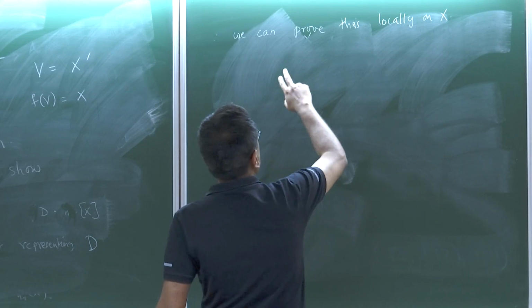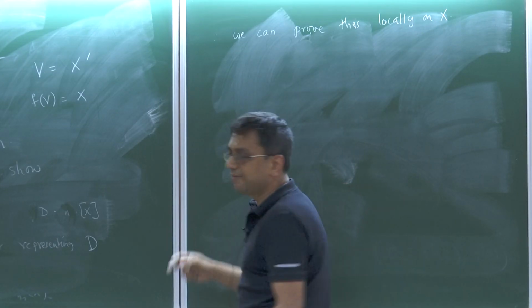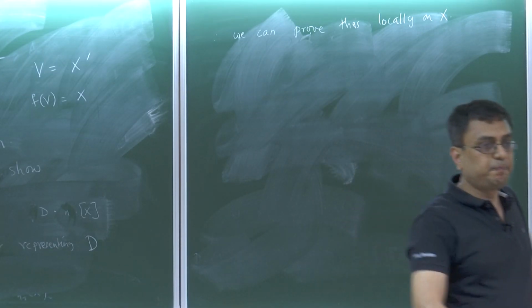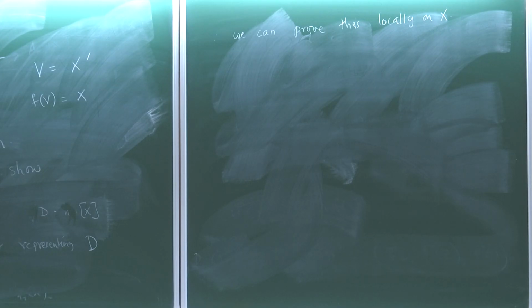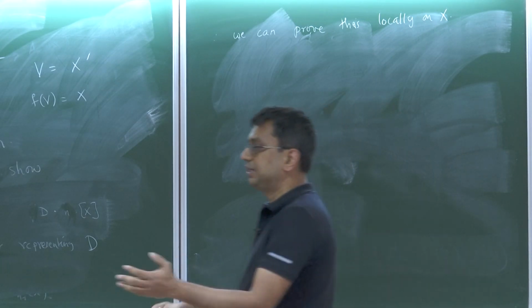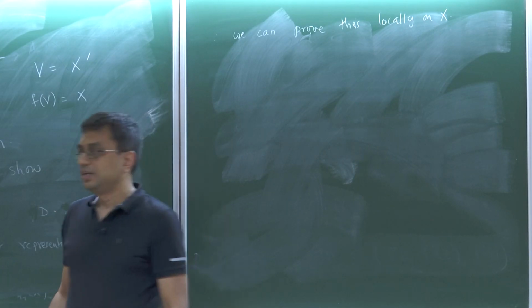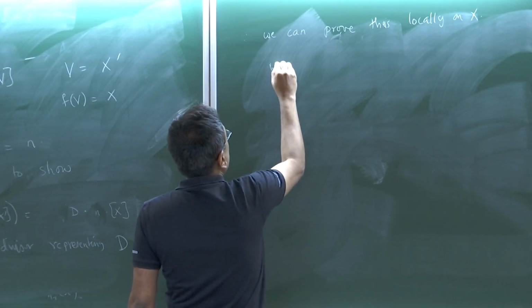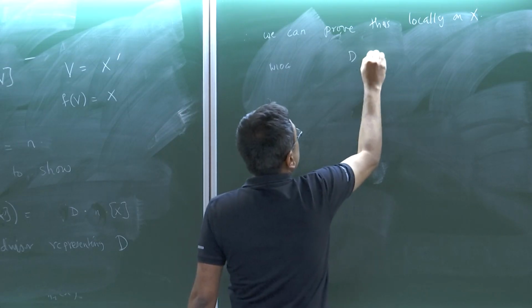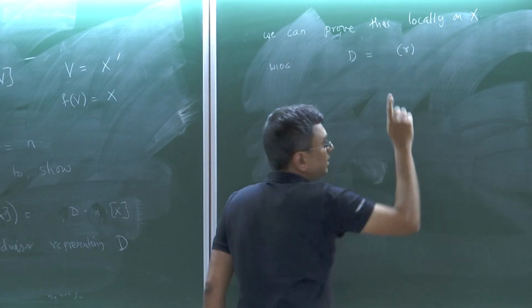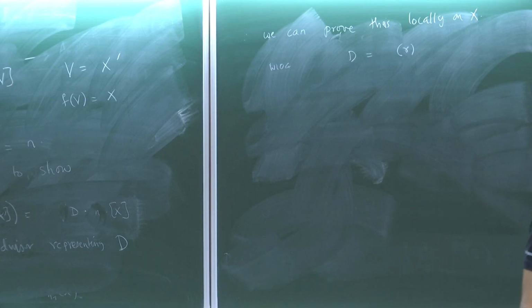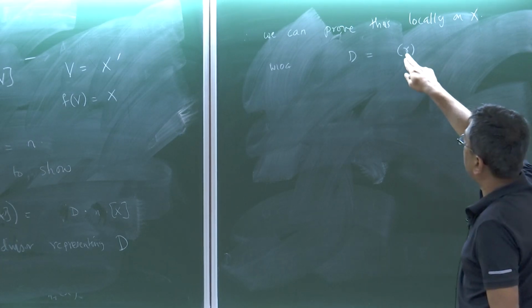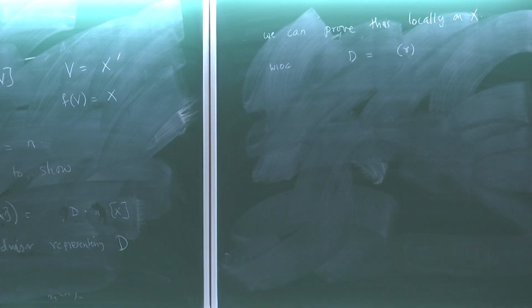And now locally every Cartier divisor is a principal Cartier divisor, like f_alpha on U_alpha. I replace x with U_alpha, okay? So locally it is a Cartier divisor. So therefore without loss of generality we assume that d is the Cartier divisor given by one rational function, let's say r, okay?